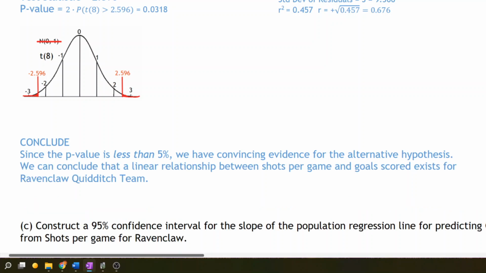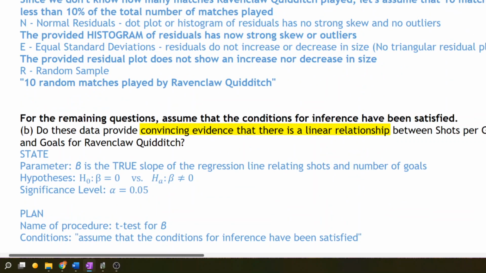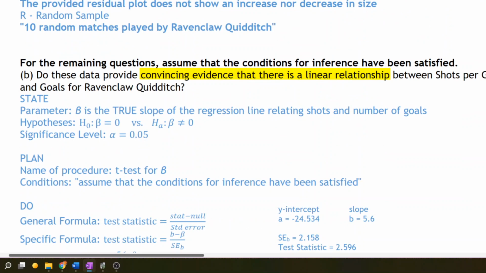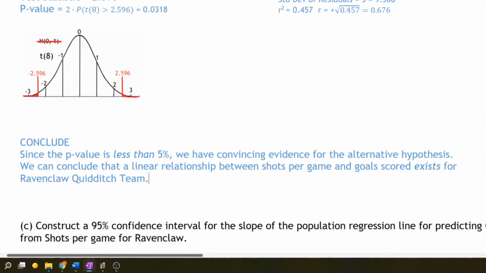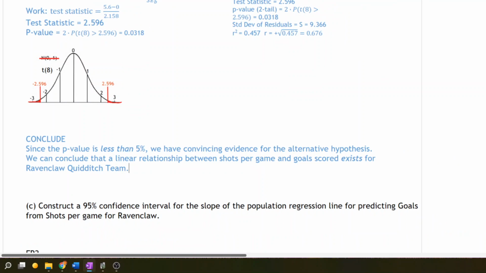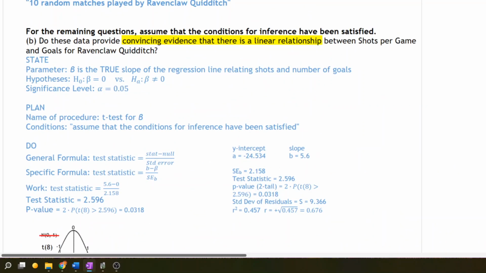So we can conclude that a linear relationship between shots per game and goals scored exists for the Ravenclaw Quidditch team. That is just a re-summary of the alternative hypothesis. So that is part C, the hypothesis test, to provide convincing evidence of the linear relationship.